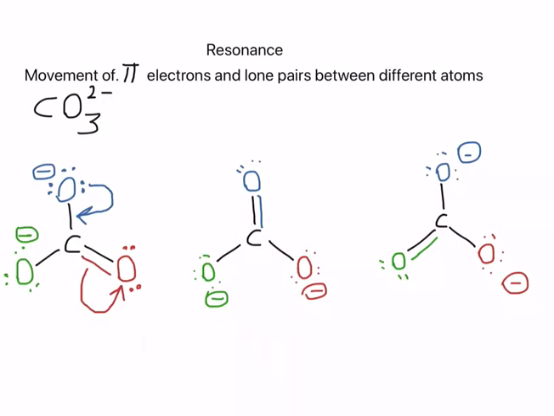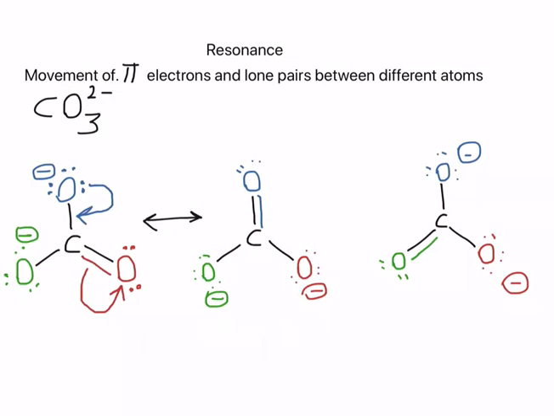So both electrons of this red bond will collapse on the red oxygen, and we will have the second form. As you can see, these two forms interconvert to each other by movement of lone pairs and pi electrons.